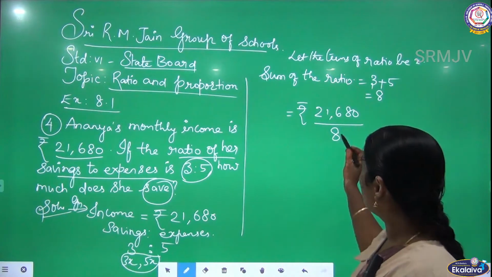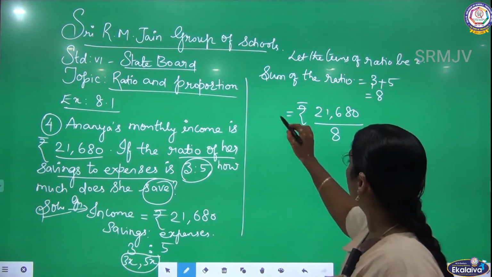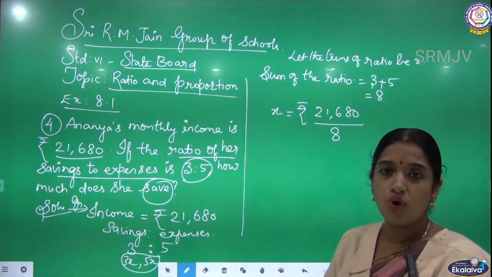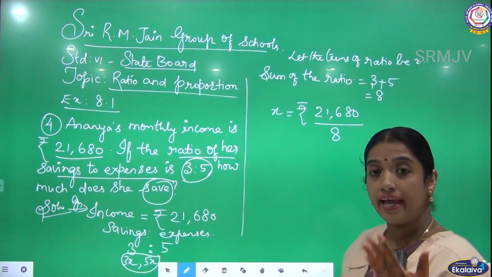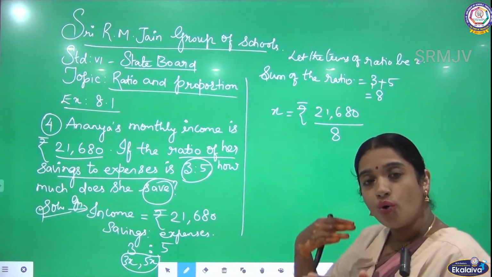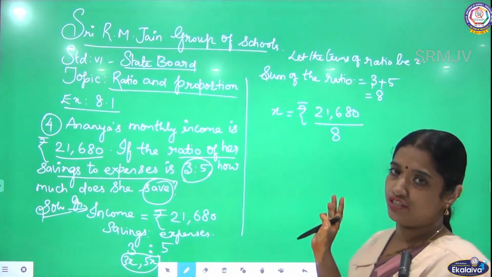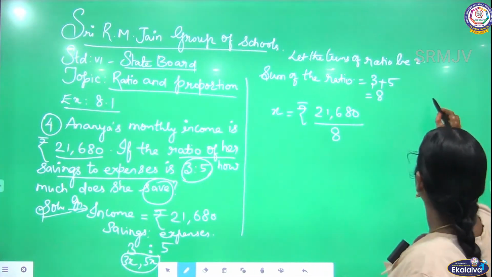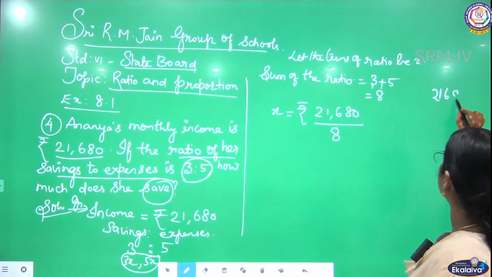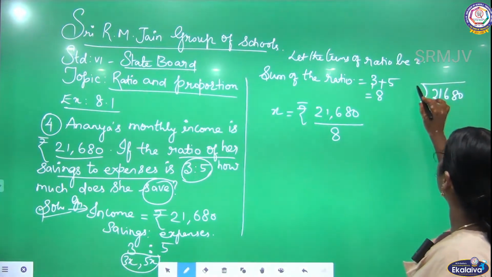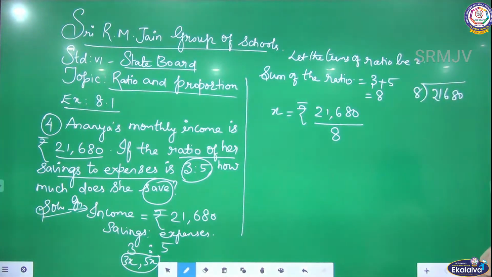Here I am going to find out the x value. How can I find the x value? Total amount divided by the sum of the ratio. Now do this in rough column: 21,680 divided by 8.